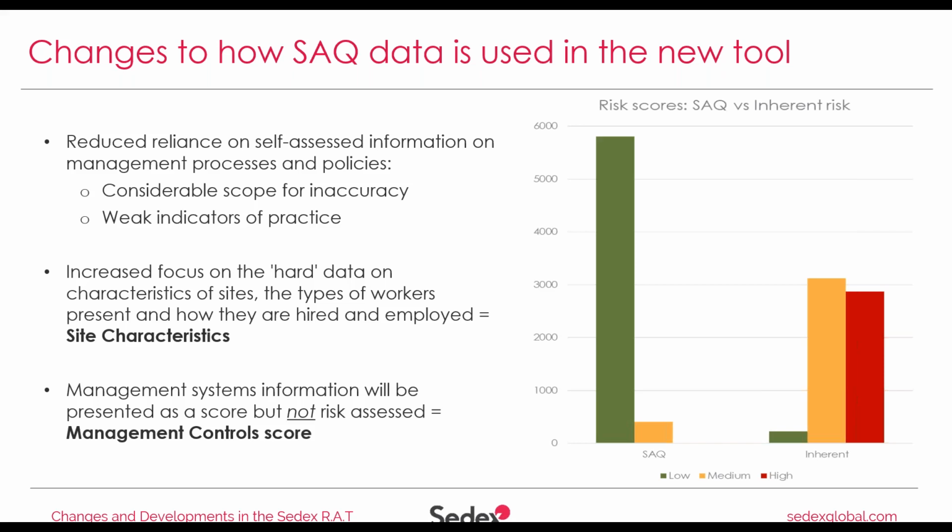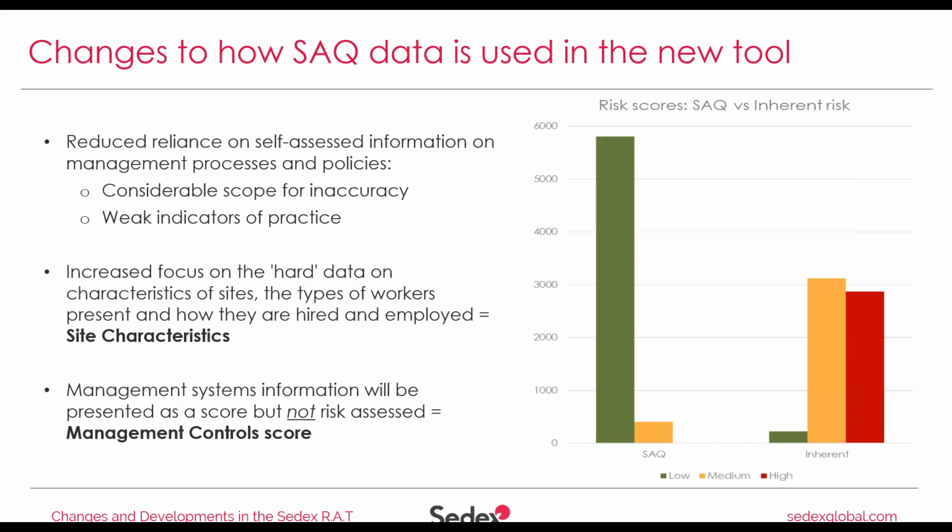However, it is really important that we did not want to lose visibility of those sites or businesses that are implementing policies, putting in place monitoring and feedback systems, what we might call a management system, and that includes training and improvement as well. So we do want to keep visibility of the efforts and potential improvement practices that people are putting in place.